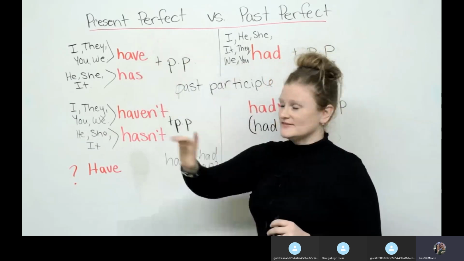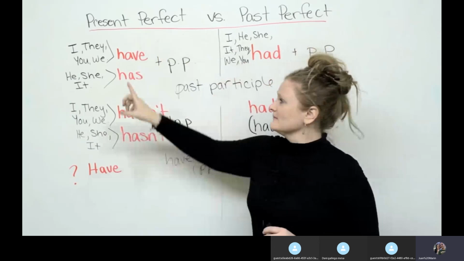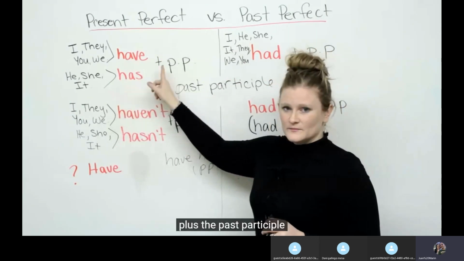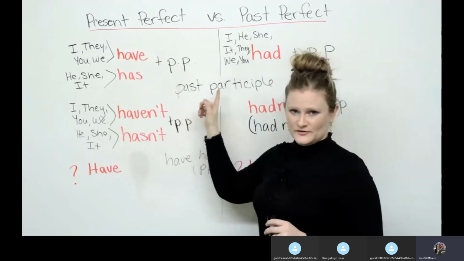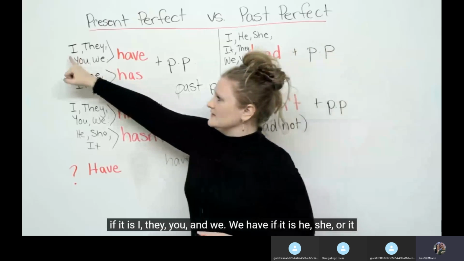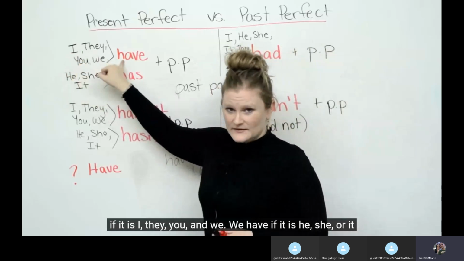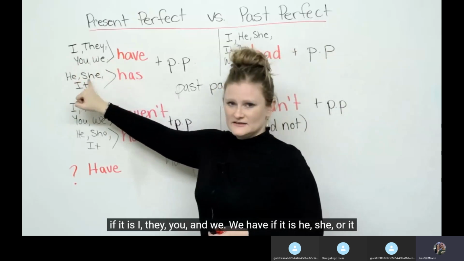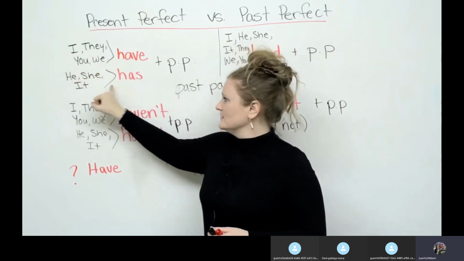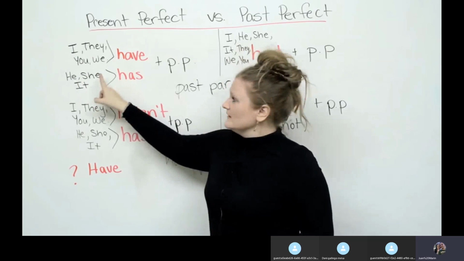So, present perfect is have or has plus the past participle. If it is I, they, you, and we have to use have. If it is he, she, or it, we have to use has.